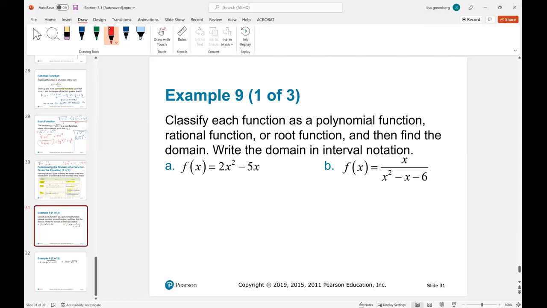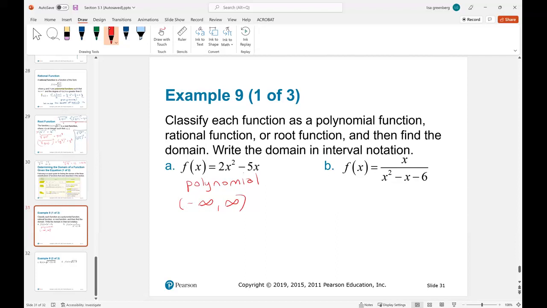It has no radical, so it can't be a root. So this is a polynomial. And then find the domain. Well, we already just learned that for every polynomial, the domain is from negative infinity to positive infinity, and that's in interval notation.